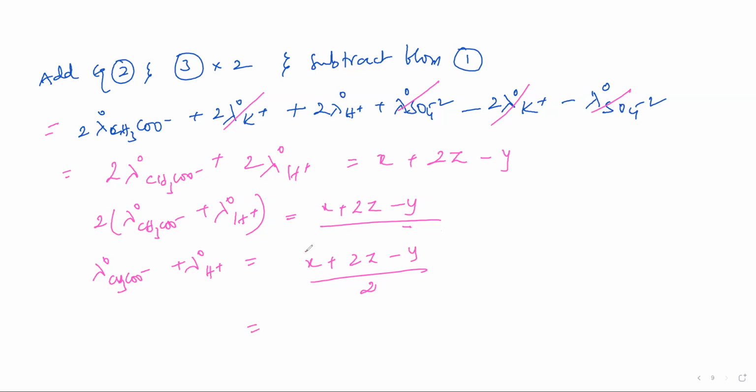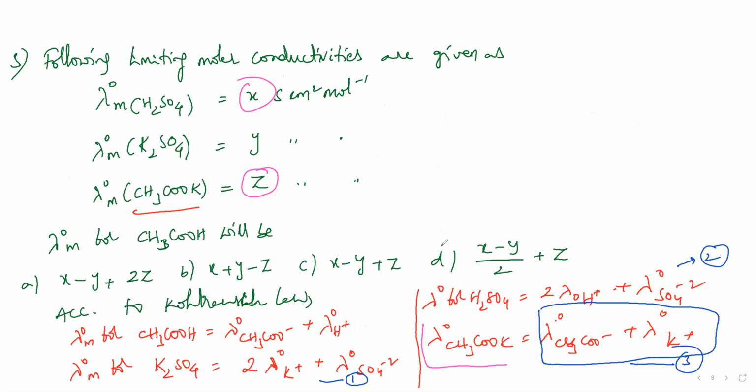What you will get? X minus Y divided by 2, 2Z by 2 plus J. This is your answer. Where is this option present? Fourth option is correct. Option D is correct.